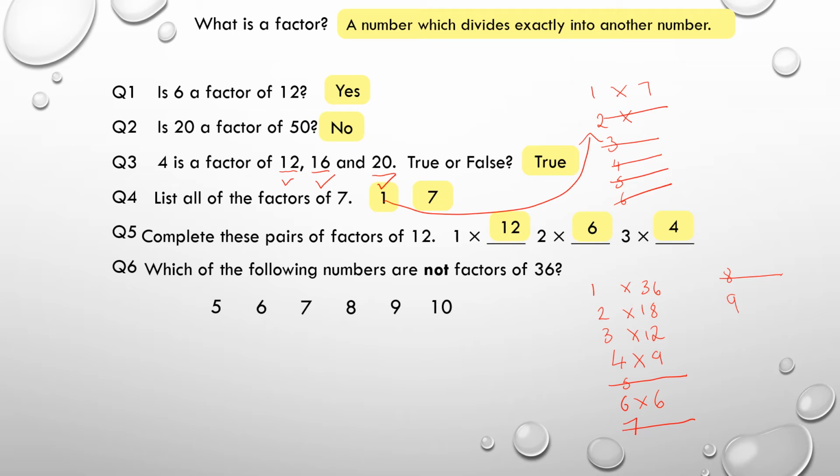Can we do 9? We can. Do 9 times 4, which has actually brought us back to here. So our factors of 36 are 1, 2, 3, 4, 6, 9, 12, 18 and 36. So the numbers that are not factors of 36 are 5, 7, 8 and 10.